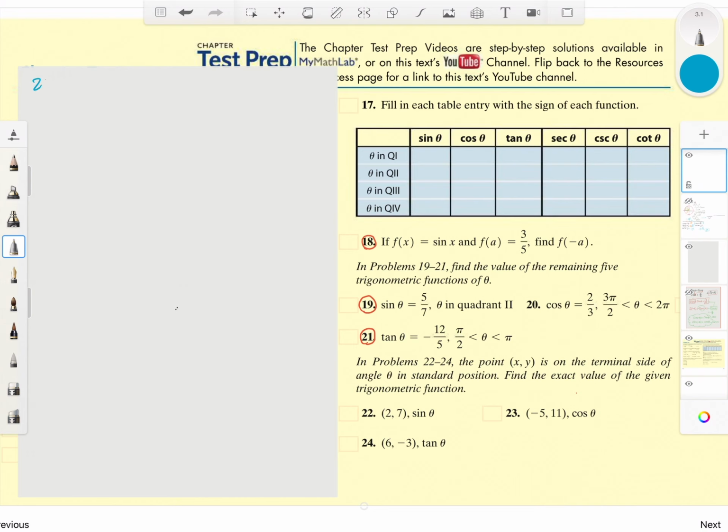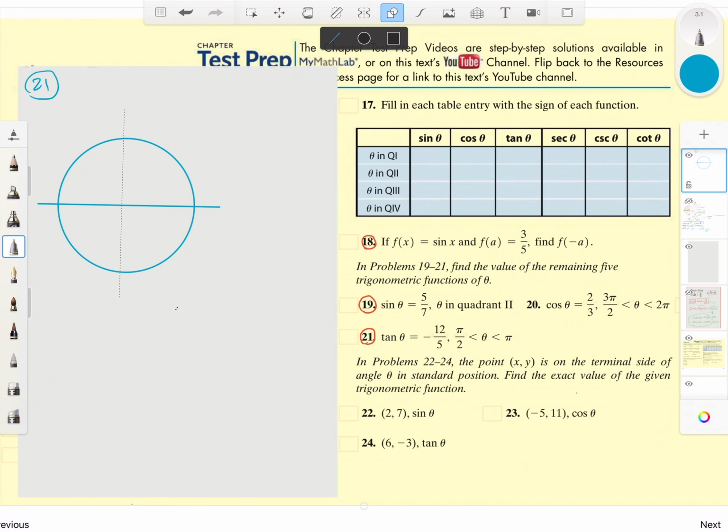For number 21, we're going to have a circle with x and y. But in this case, we have tangent of theta equal to negative 12 over 5. Theta is between pi half and pi.